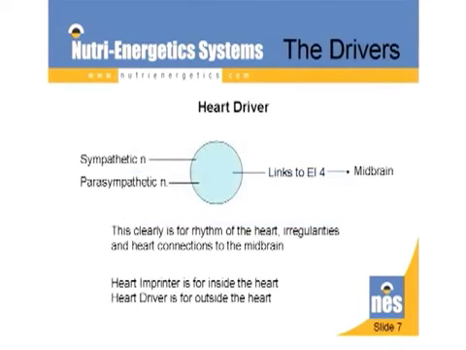Slide 7 is about the heart driver. Remember I said heart imprinter is for inside the heart, driver is for outside the heart. This time it is mostly about the electrical conduction system of the heart, the sets of sympathetic and parasympathetic nerves, which of course are found on the outside of the organ.